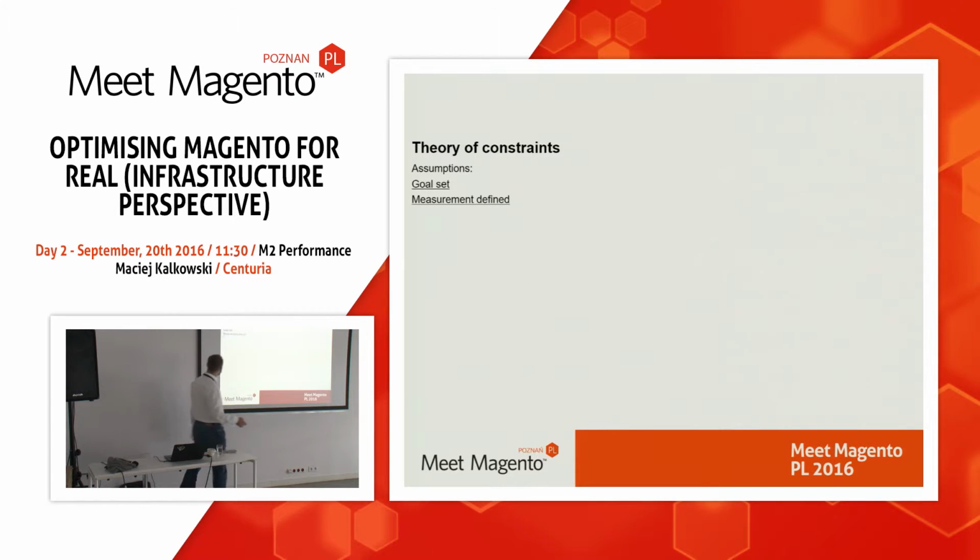And well, in Magento we have some measurements, right? The time the page is loaded and presented to our user may be one of the measurements for our goal. Also, the conversion, which is crucial in e-commerce.